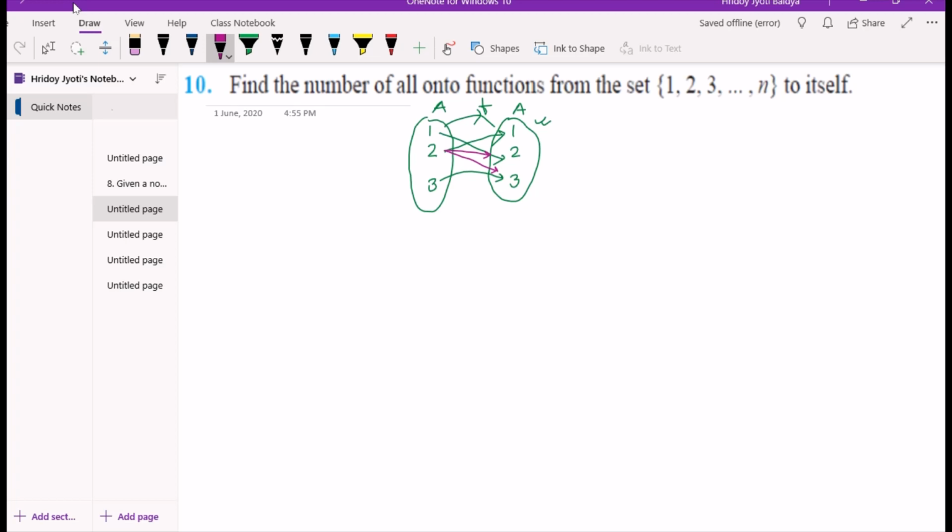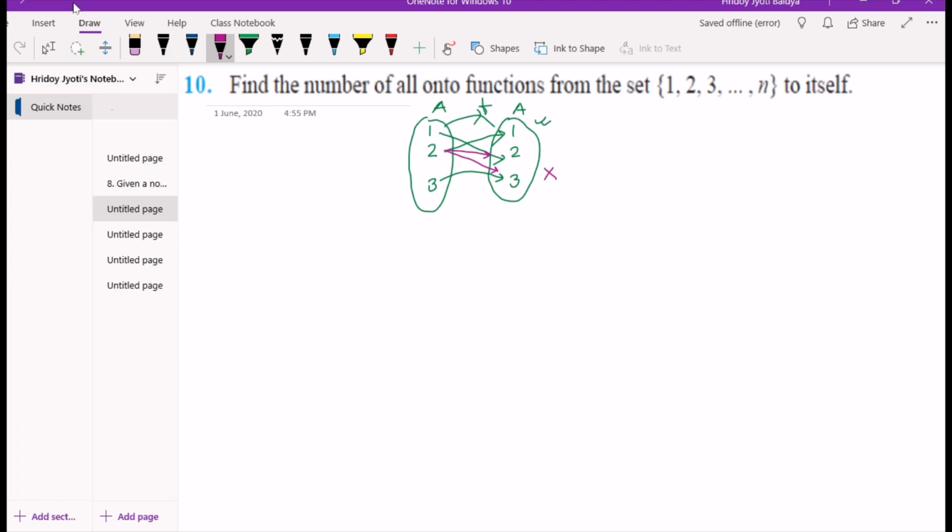In both cases, since it is already connected with 1, if we try to connect it to 2 or 3, this function will no longer be a function, because it will violate the definition of the function, right? Similar cases for 1 and 3.